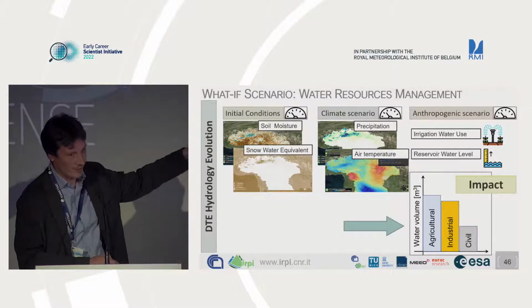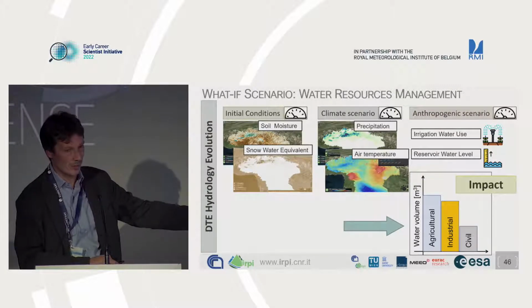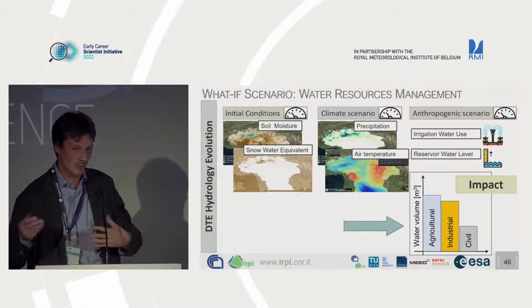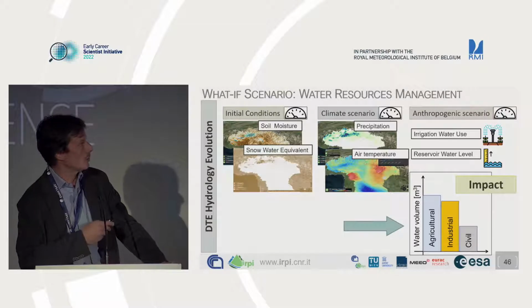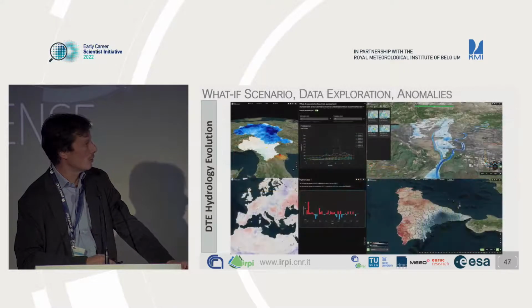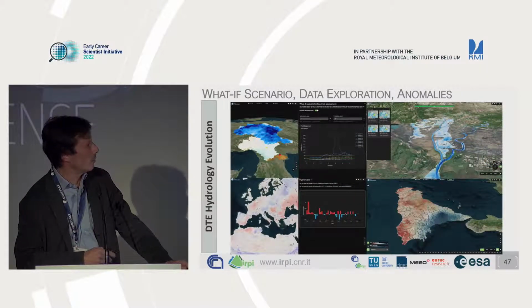This is something that we are working on, but it's something that is feasible. It's not easy to manage all the different information, but integrating different observations from space with modeling, we can start doing these kinds of things. And this is, again, the platform that we have developed.